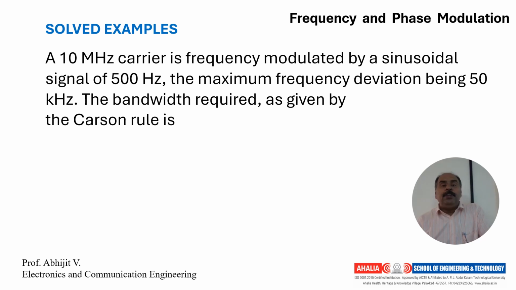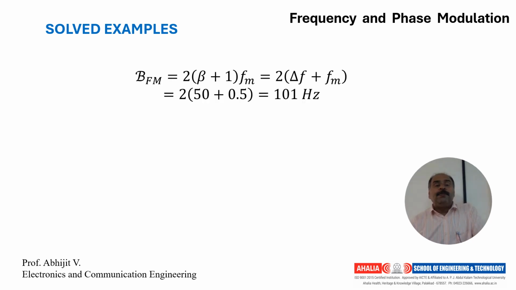We have already seen that the bandwidth of a frequency modulated wave is given by 2 into beta plus 1 into fm, or in other words 2 into delta f plus fm. Delta f, the frequency deviation, is given in the question to be 50 kilohertz. Fm is already given as 0.5 kilohertz.